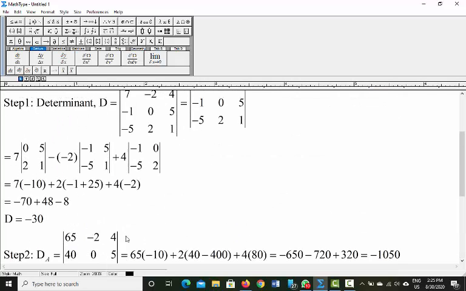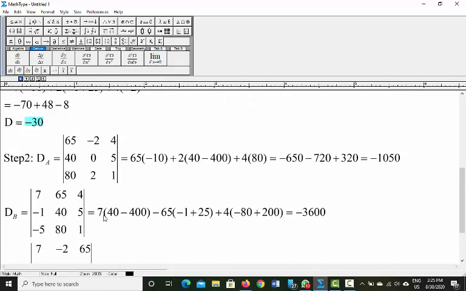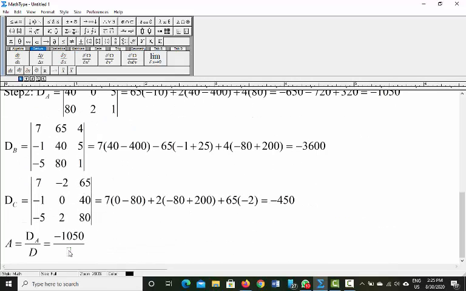That is the value of dA, and this is the value of D. So if you calculate, minus and minus will cancel each other out. So we will have 1050 divided by 30. That is 35. So the value of A is 35.